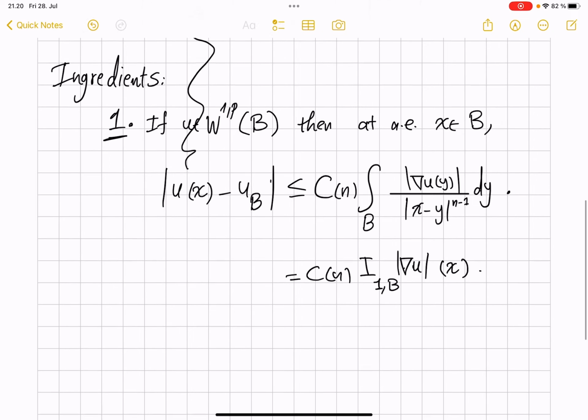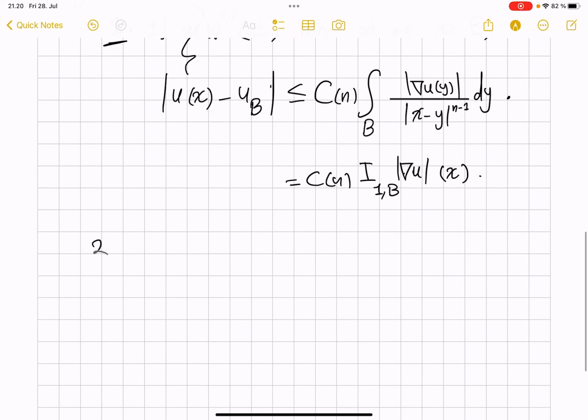But fact number 2, which gets us closer to having an L^p function, is the following: if you have a ball at some center x and radius r, and you take the Riesz potential of any function, so here, let's go back just to this gradient of u.